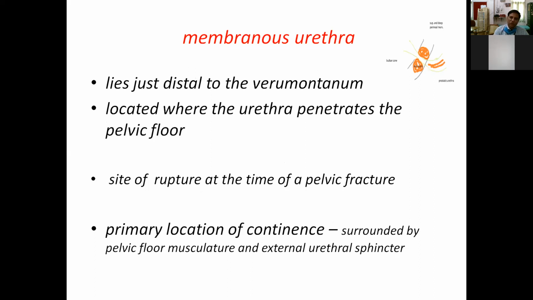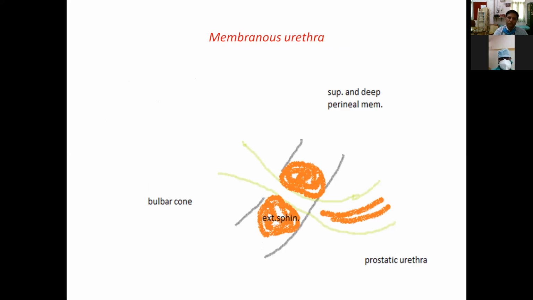The membranous urethra, as I already told you, lies between the two perineal membranes, the deep and superficial perineal membranes. This part of the urethra is narrowed and always kept closed by the external sphincter. You can see here the deep perineal membrane, the superficial perineal membrane, and the narrowed part of the urethra, which, though normal, is always constricted, the membranous urethra surrounded by the external sphincter.